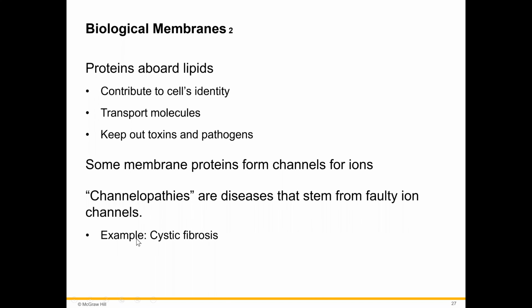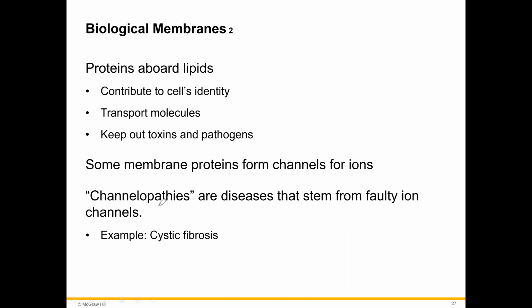So we're going to look at the diagram in a second. Now, proteins that reside within the lipids contribute to cell identity, they transport molecules, and they keep out toxins and pathogens. Some membrane proteins form channels for ions, so ions can move in and out.